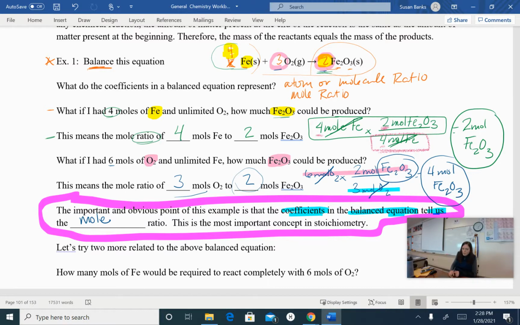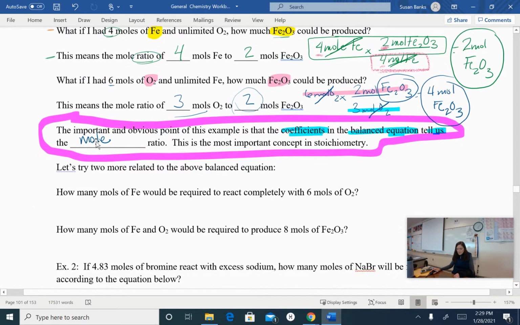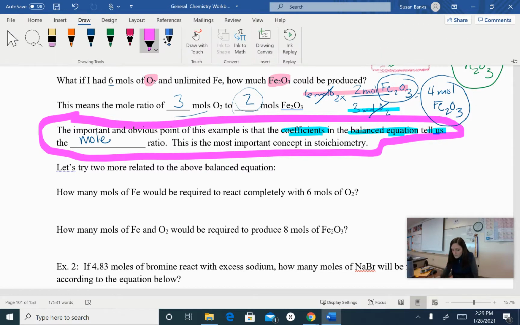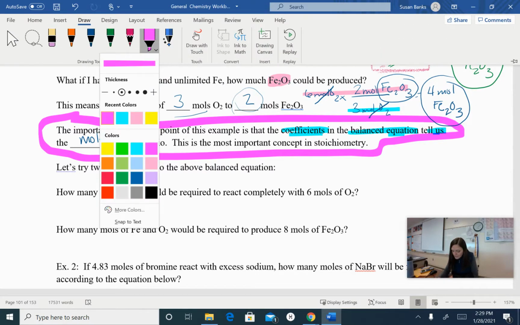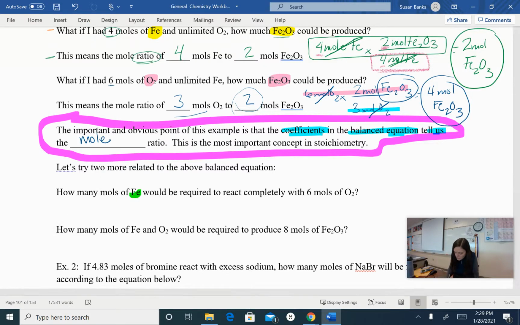Okay? So we're going to try a few more that are related to this equation that we've already done a lot with. Okay? So, how many moles of iron would be required to react with 6 moles of oxygen? So once again, we are looking at 2 different things. We're looking at our relationship between iron and oxygen.